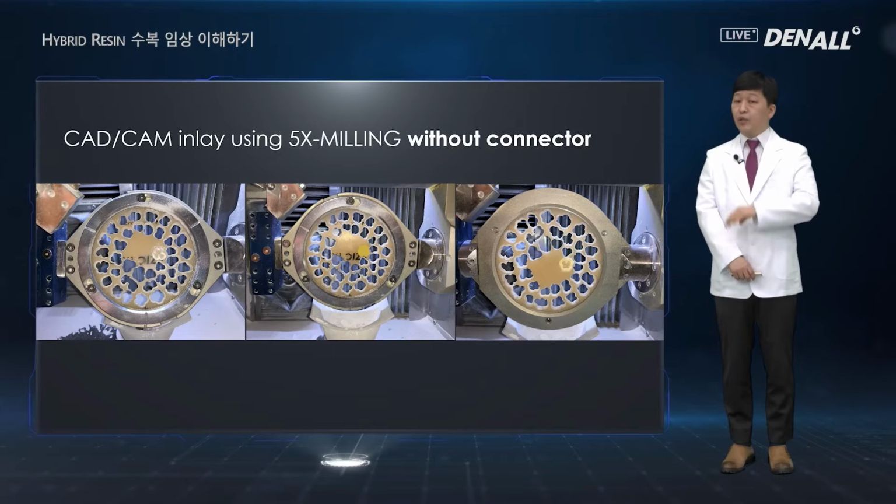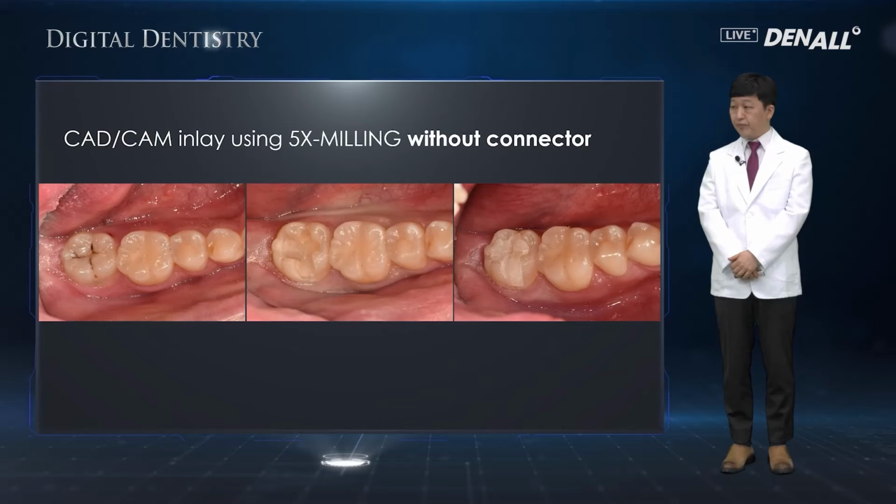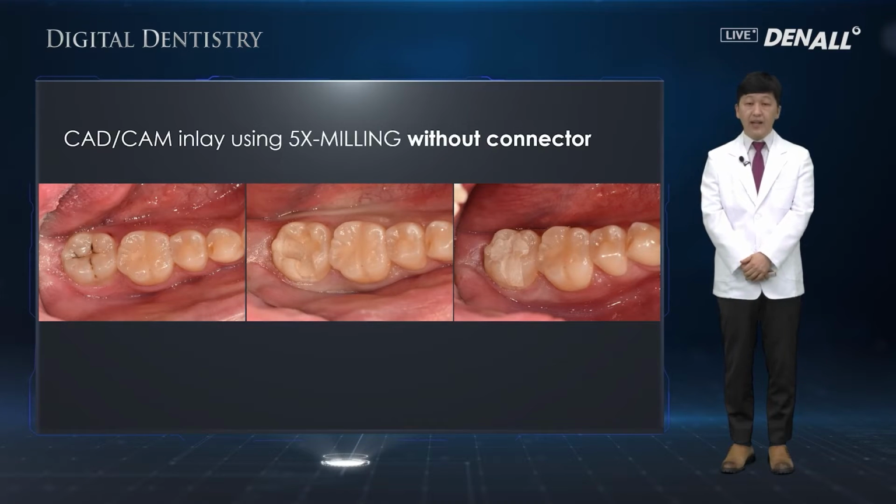Once the plaster sets, you turn it around and you cut the other side by half. Without using a connector and sprue, the occlusal surface can be milled very precisely, and this is a true advantage. When the 5-axis milling machine is used without a connector, you can see that the anatomical aspect is reflected on the occlusal surface.